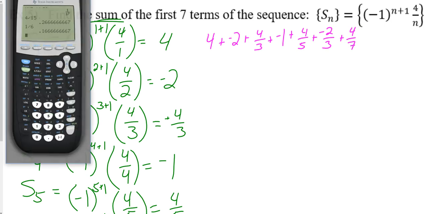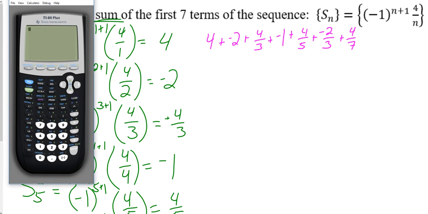We could do this by hand, get a common denominator, but we've got a calculator, so let's just do that. So 4 minus 2 plus 4/3 minus 1 plus 4/5 minus 2/3 plus 4/7. Math, enter makes it as a fraction.